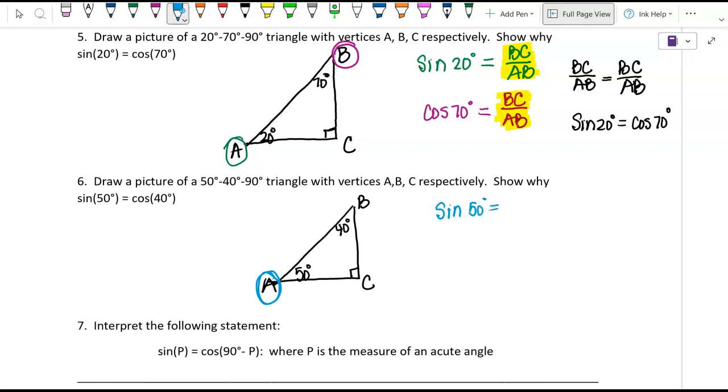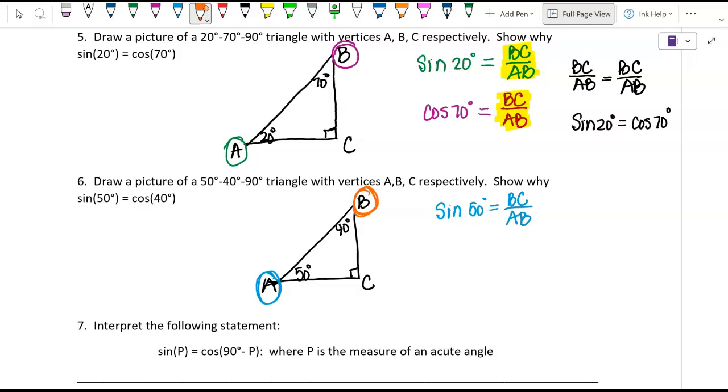Opposite of that 50 is BC, and the hypotenuse is AB. Again, I'm looking from angle A, I need the leg opposite it over the hypotenuse. So BC over AB.